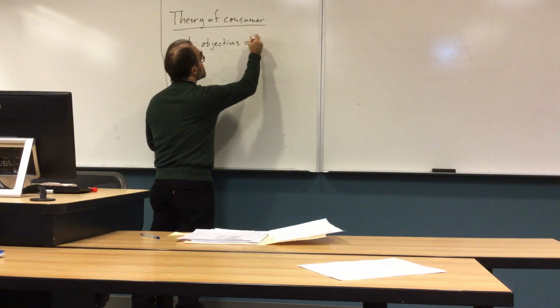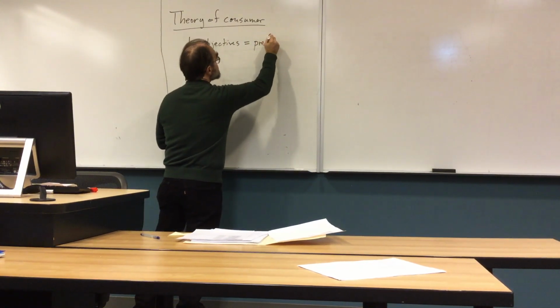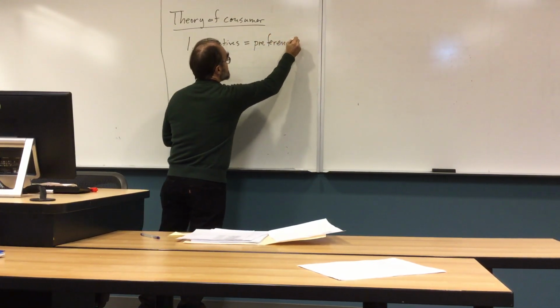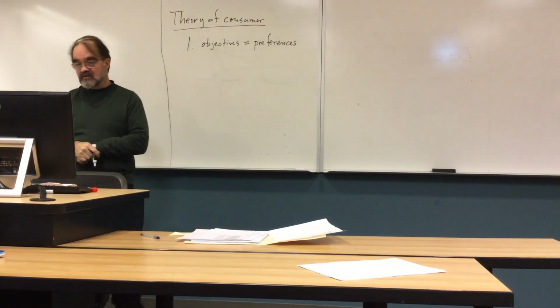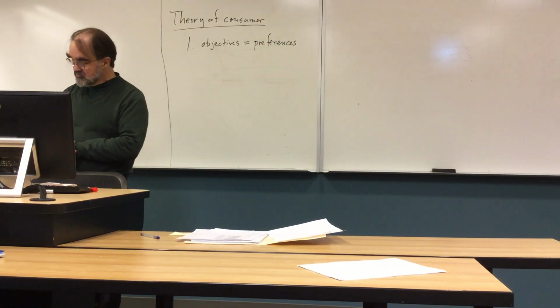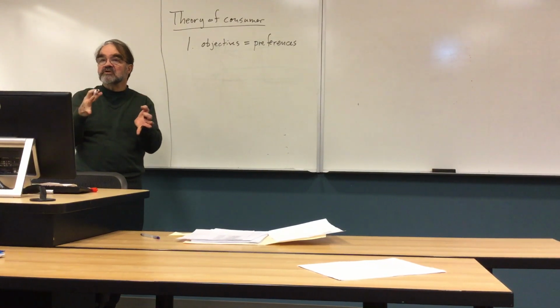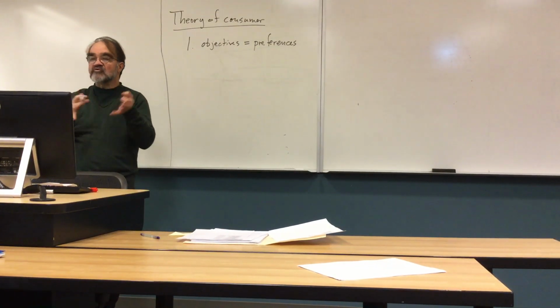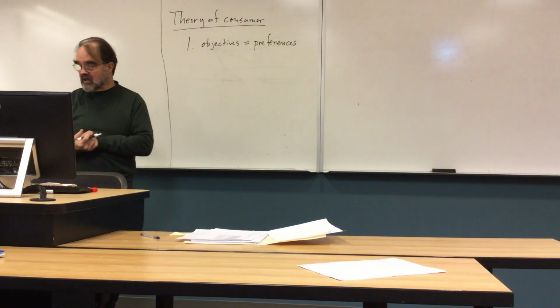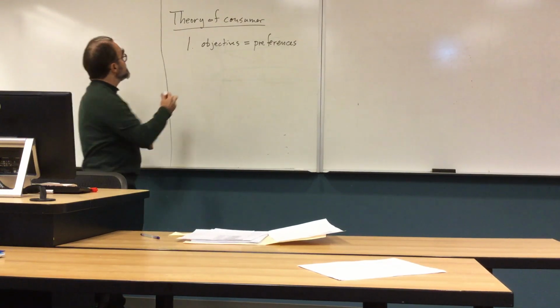In the case of the consumer, we call these preferences. The consumer has preferences. So we're going to want to understand, well, where do these preferences come from? How can we analyze them?